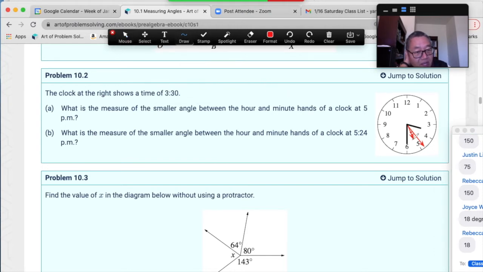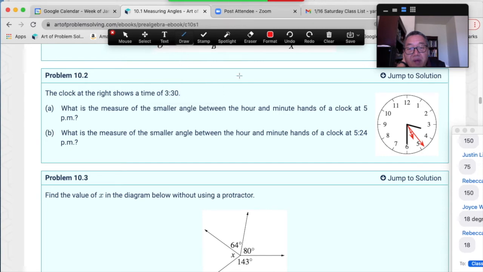First, can you calculate the hours hand, how many degrees?